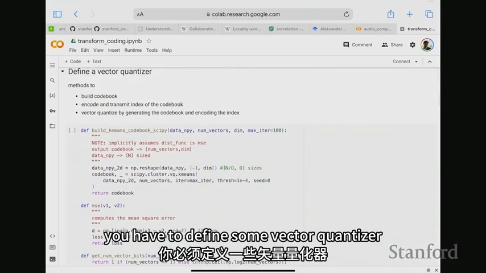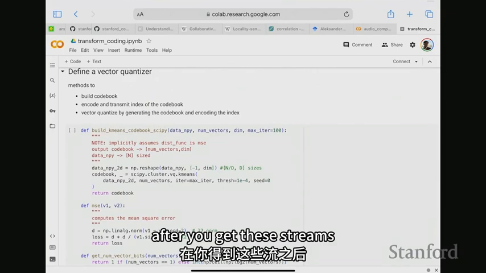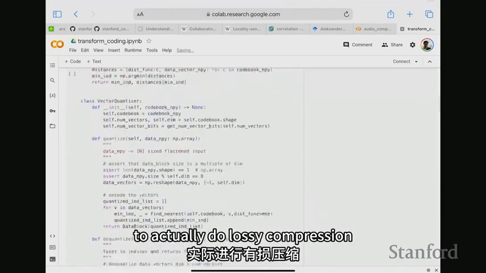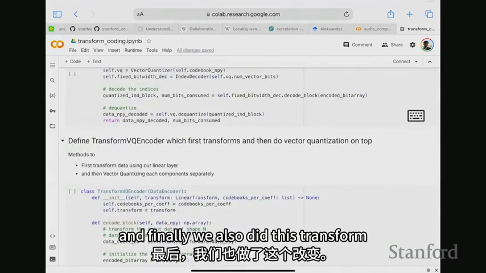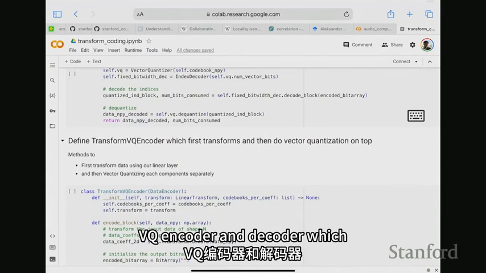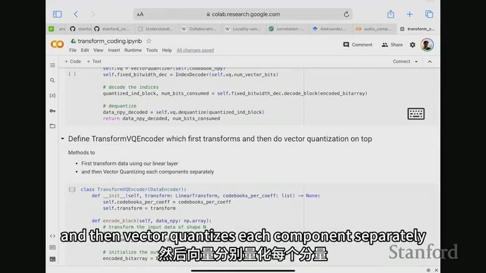You have to define a vector quantizer, because you need a quantizer at the end of the day, after you get these streams, to actually do lossy compression. And finally, we did this transform VQ encoder and decoder, which first transforms the data using a linear layer and then vector quantizes each component separately.